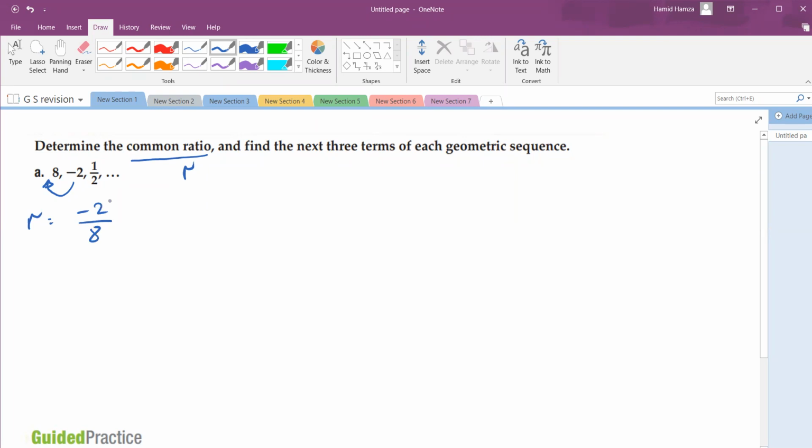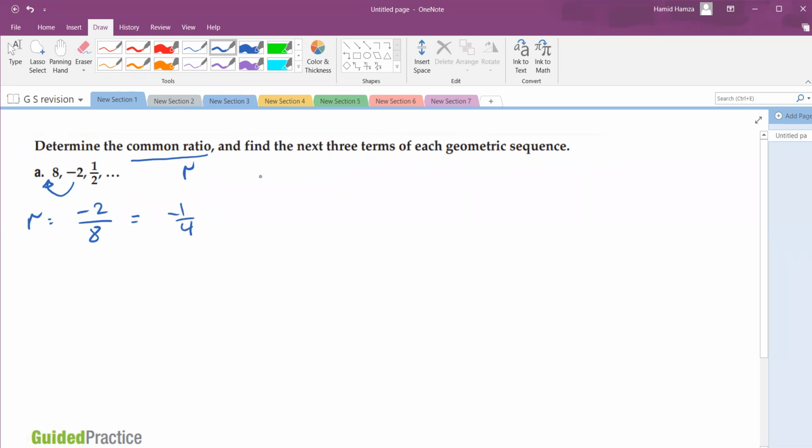Not the greater number divided by the smaller number. No. The second divided by the first, and the third divided by the second, and so on. So R is what, guys? R is -1/4.